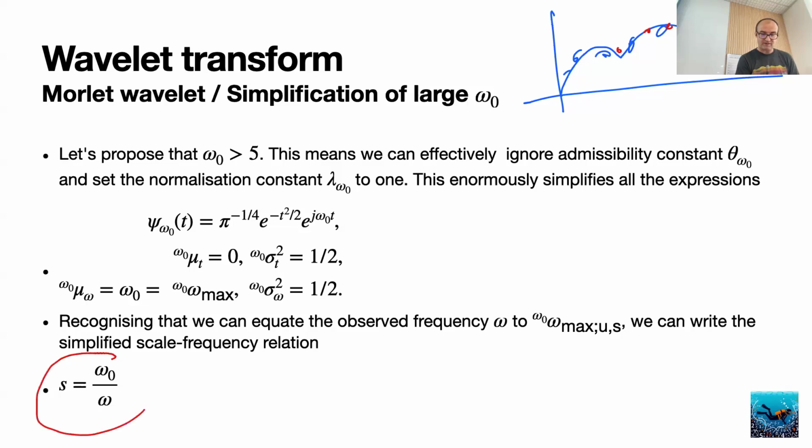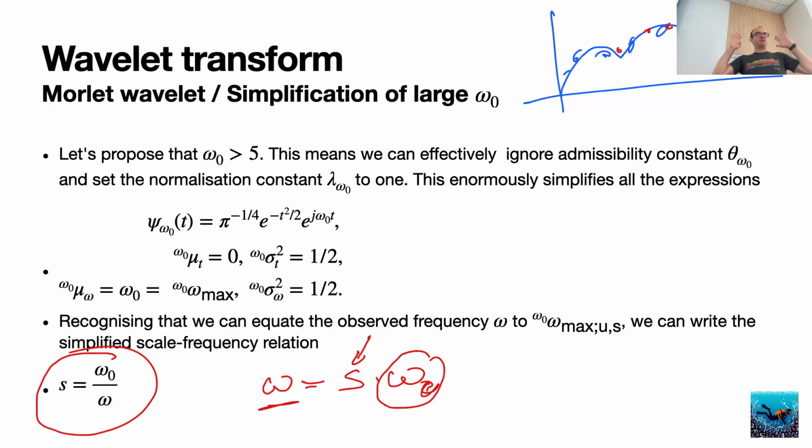In this Morlet wavelet, this is really simple. So omega is actually s times omega 0. S stays constant, but if we change this omega 0, we're actually changing omega here. That is the only thing you have to know.